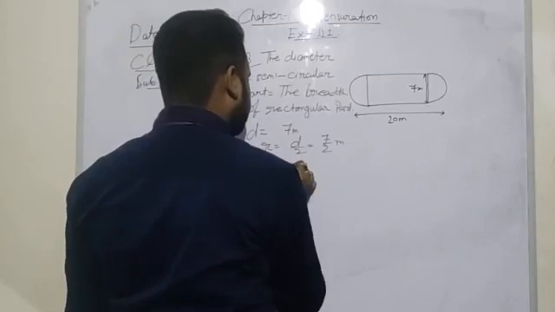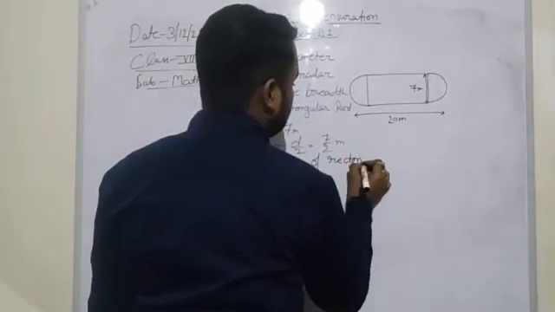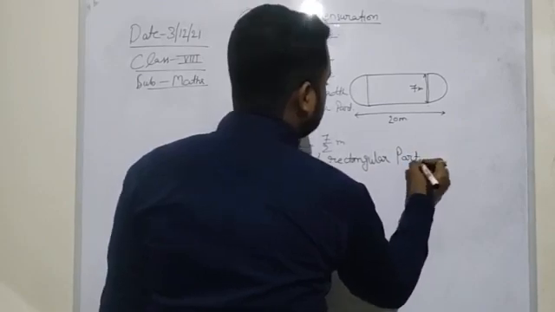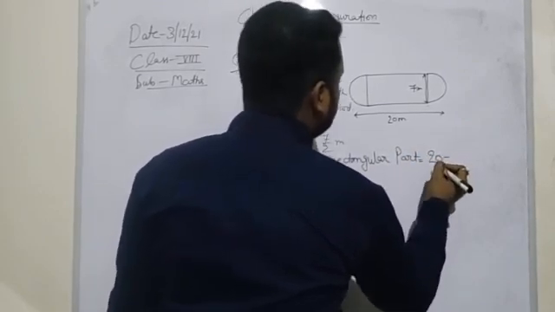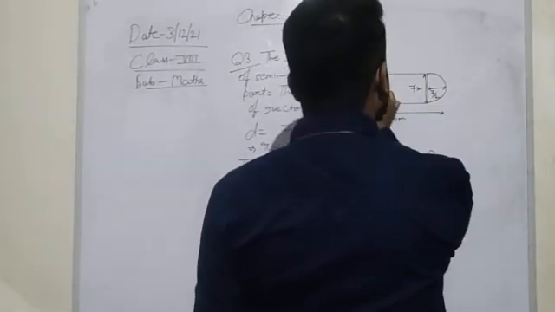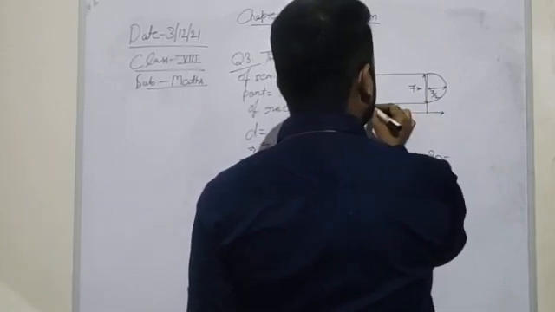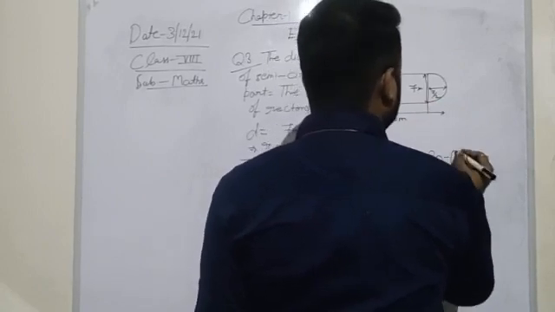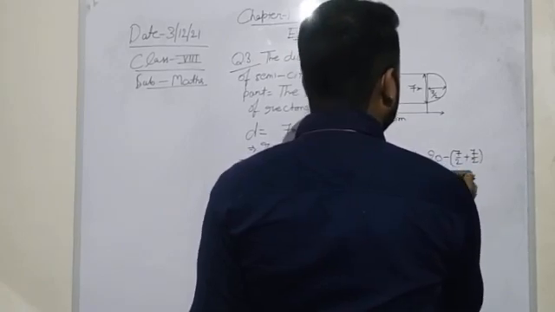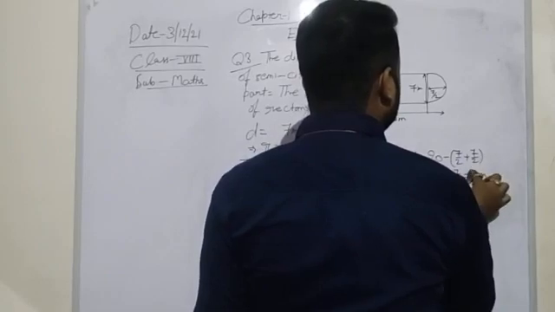The length of the rectangular part is total length minus this radius 7 upon 2, and this is also radius 7 upon 2. So 7 upon 2 will be subtracted from both sides. 20 minus (7 by 2 plus 7 by 2), that is 7, that is 13 meter.